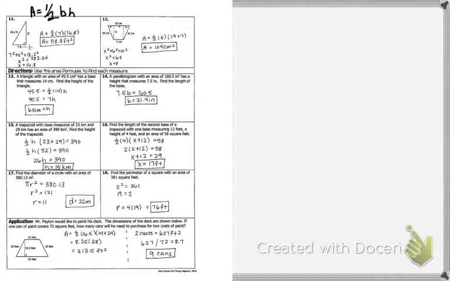We have the base. The height is in question. So you had to do the Pythagorean theorem to solve for your height. Once you have that, you plug it into your formula, and voila, you have your answer.